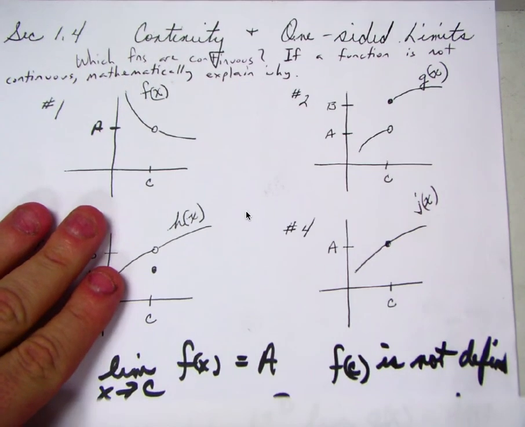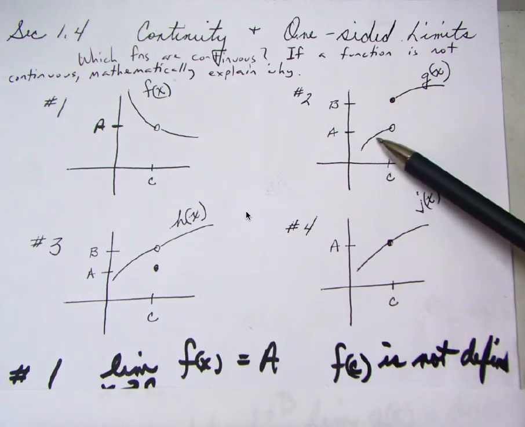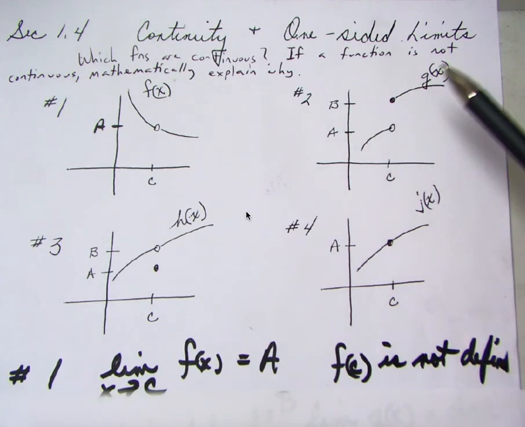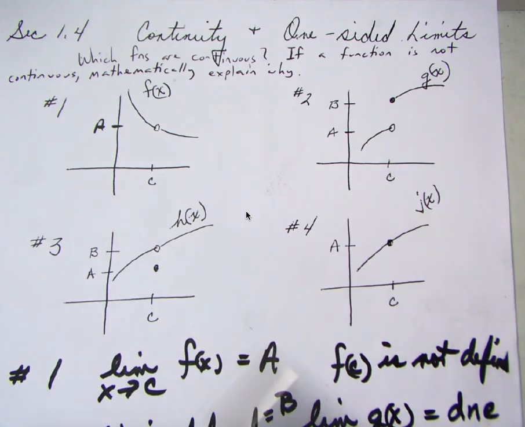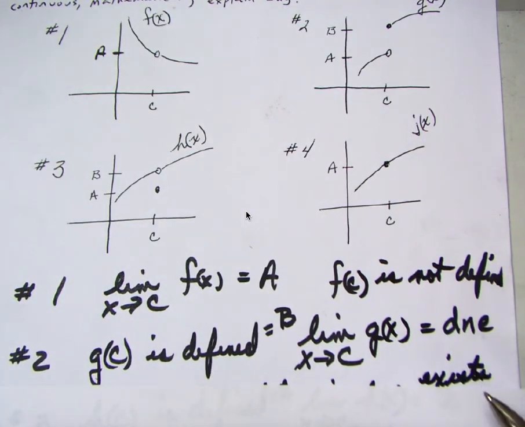The second one, well, g of c exists, it's b, but the limit of g as x approaches c does not exist. So even though g of c exists, the limit does not exist. Therefore, it's not continuous because it's not continuous at c.